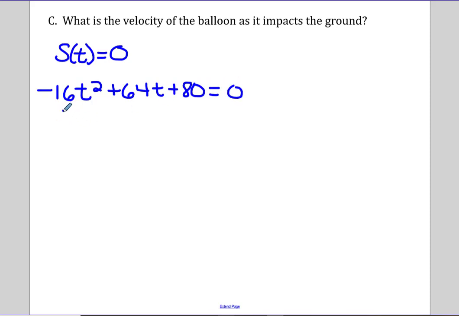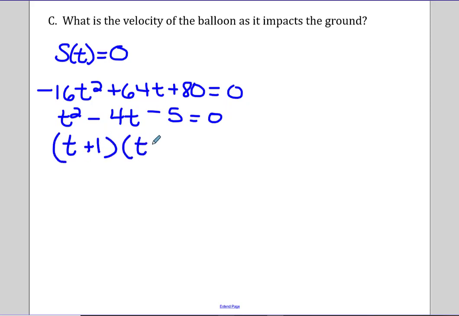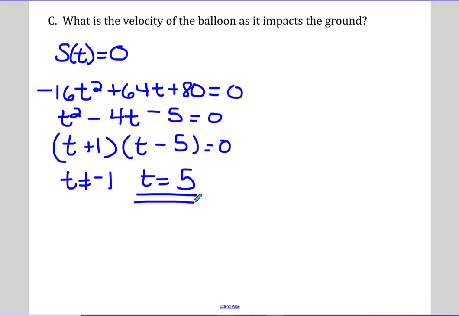And if I divide by 16, I'm left with t squared minus 4t minus 5. And that can be factored as t plus 1 times t minus 5. And in real life terms, we don't have negative time, so we'll throw that one away. But now we know when time is 5 seconds, the balloon's going to hit the ground.